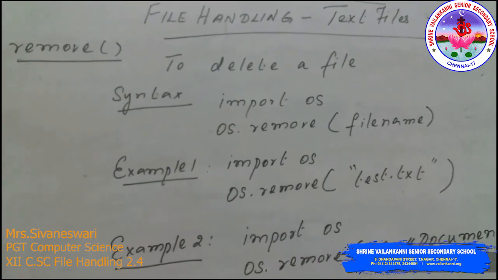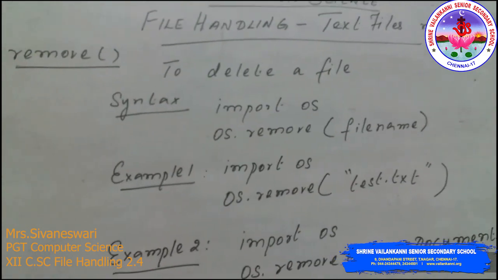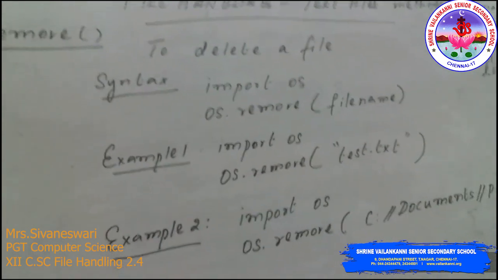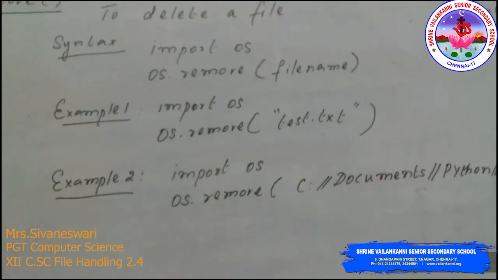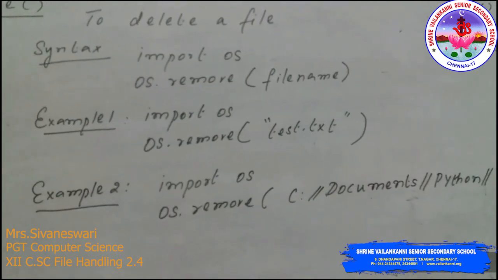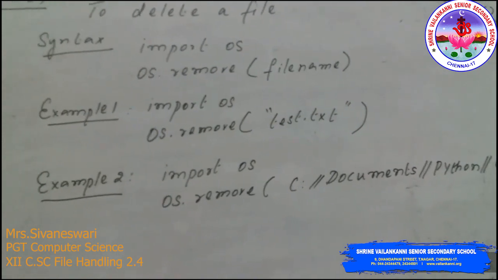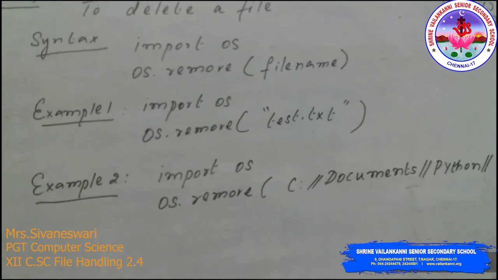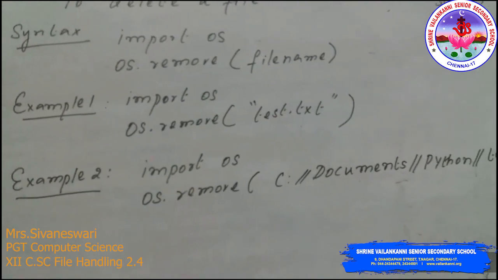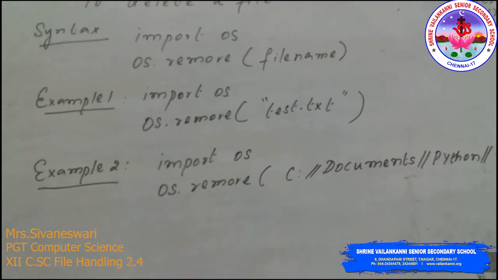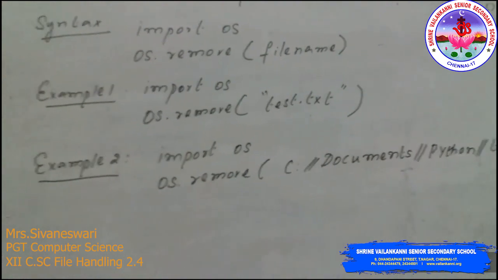Next method, remove(). This remove() is used to delete a particular file which is already existing. Syntax is import os, os.remove(file name). Example 1, import os. Without the path we are specifying the file name, os.remove('test.txt') inside quotes.